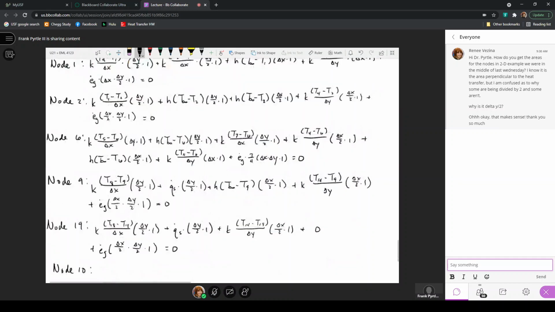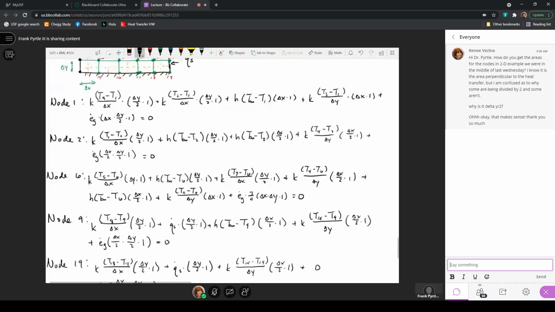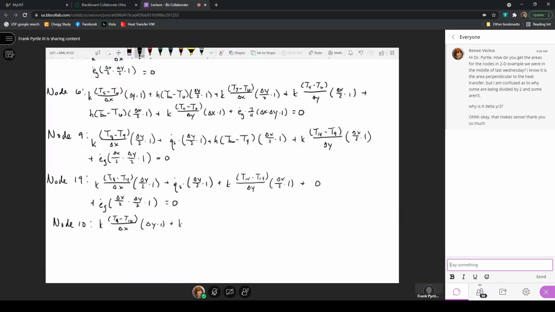All of those have heat transfer across these boundaries on the left, right, top, and bottom. From the left, we get k times (TA minus T10) divided by delta X, and the area here is delta Y by unit 1 into the page. From the right, node 11, this is k (T11 minus T10) over delta X, times delta Y by unit 1 into the page.